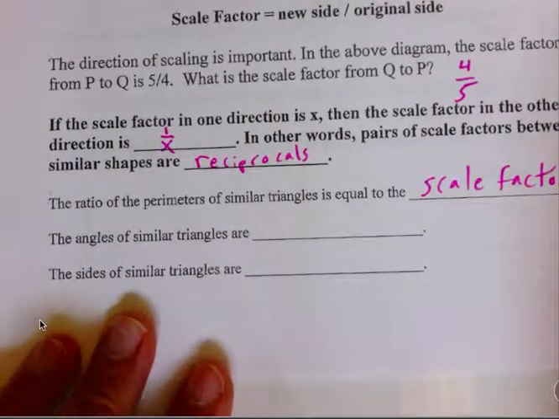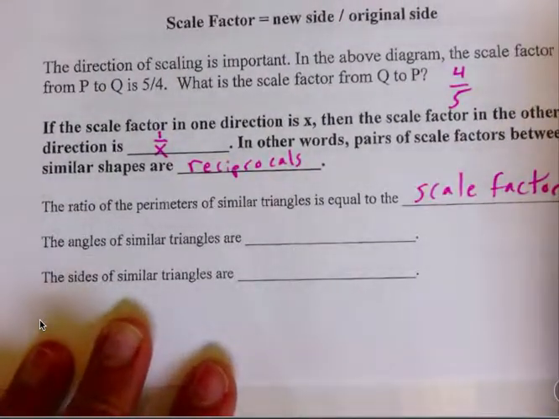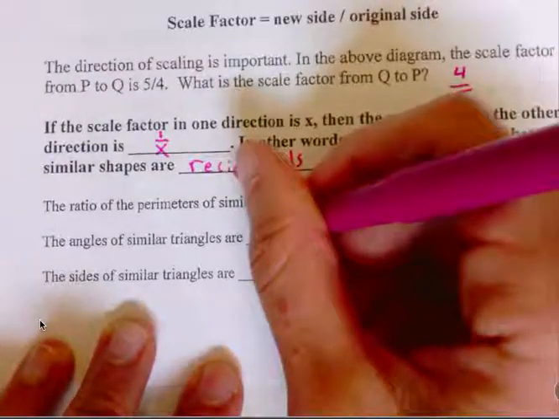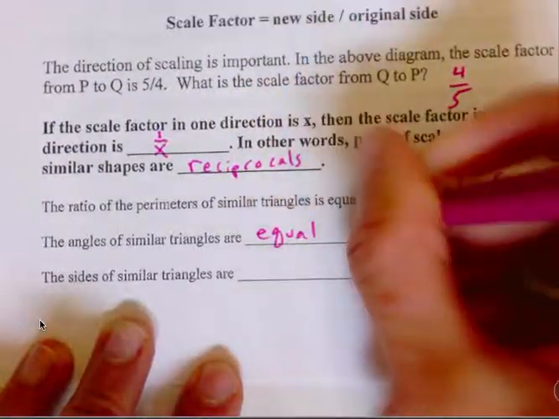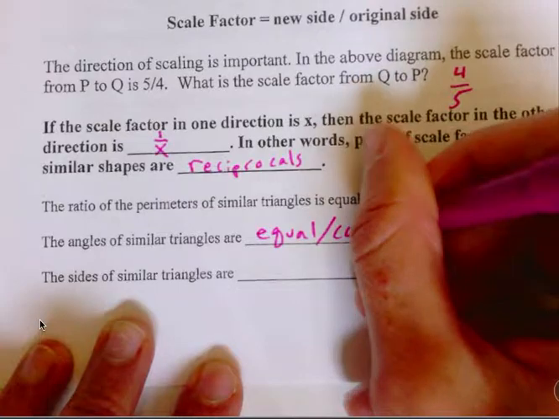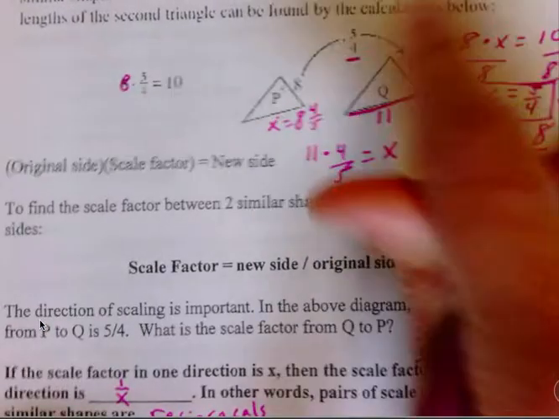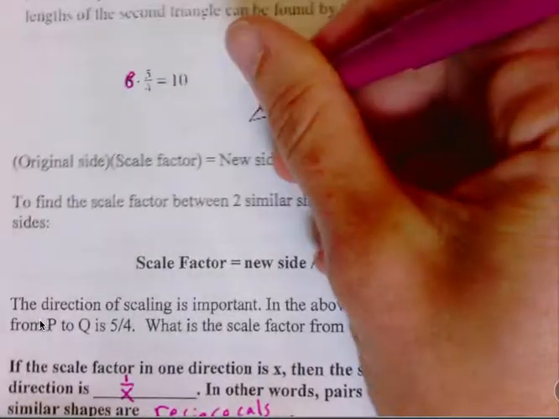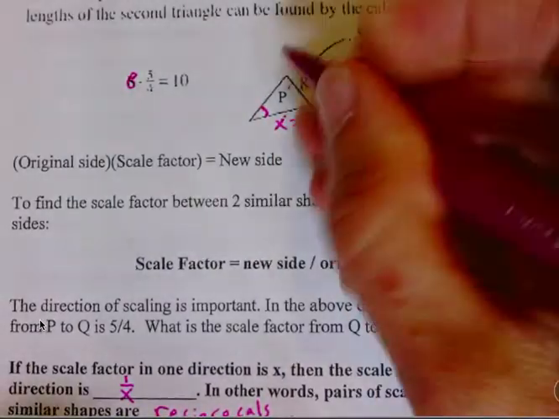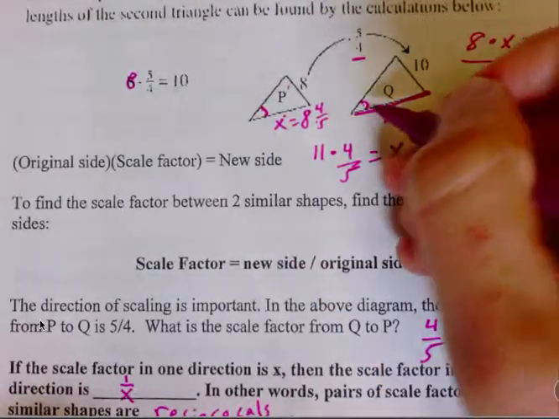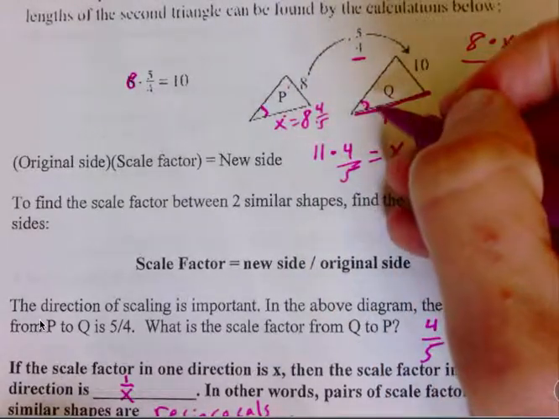And the angles of similar triangles don't change at all. They are equal, or congruent, to one another. So if I change the side lengths, the angles stay the same. You can tell just from looking at it, the angle within Q didn't get bigger.